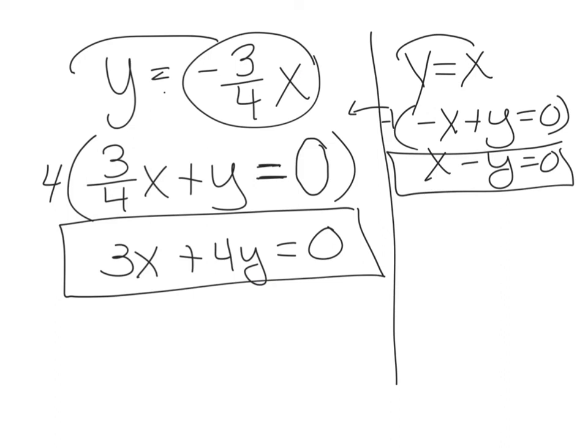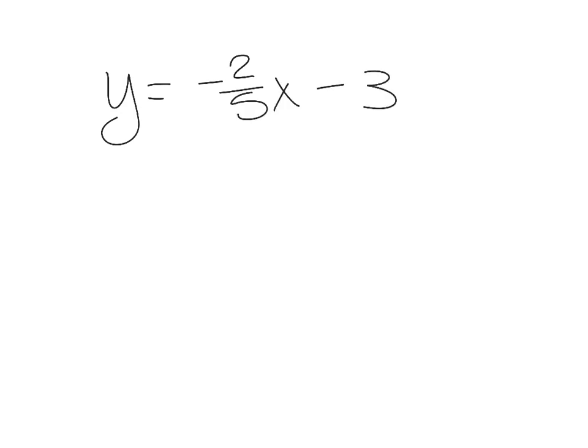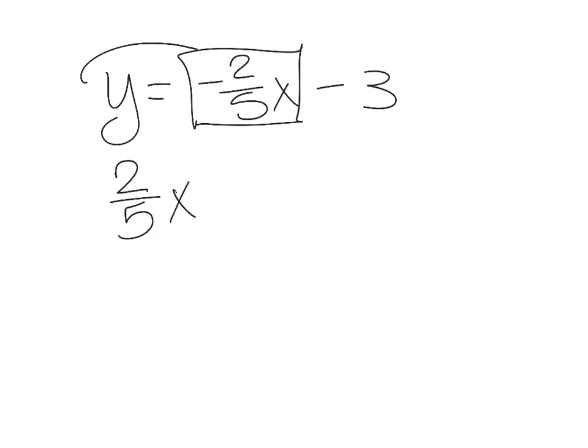All right, I'm going to do one more, and then I'll get you started on your work. y equals -2/5 x minus 3. Step 1, move this over to the other side, do the opposite, so it becomes plus 2/5 x plus y, bring everything else down, equals -3.